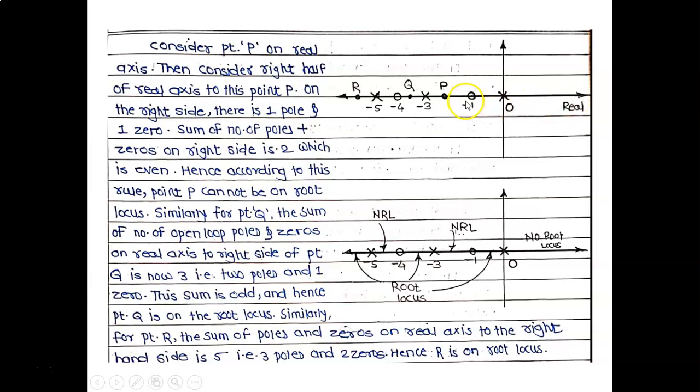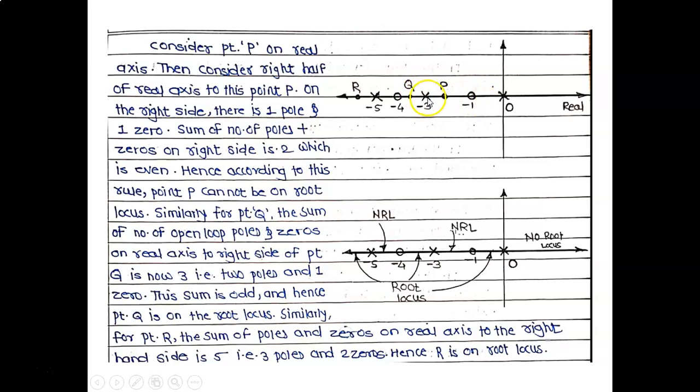Now consider this point, that is minus 1. Here Z is equal to minus 1. Now to the right side of minus 1, how many poles and zeros are there? Only one pole is there and 0 zeros are there. Therefore P plus Z is equal to 1. Since P plus Z is equal to 1, the addition is odd. Therefore you can say that between 0 and minus 1 the root locus region exists.